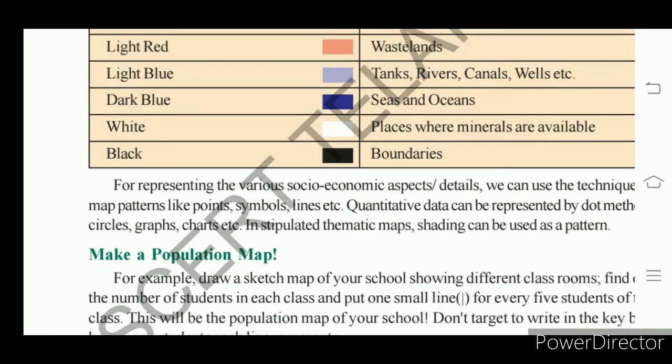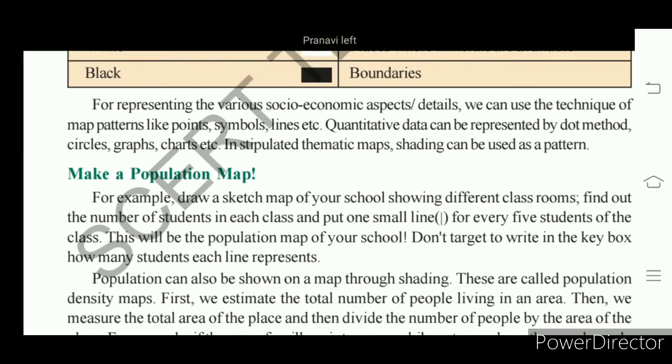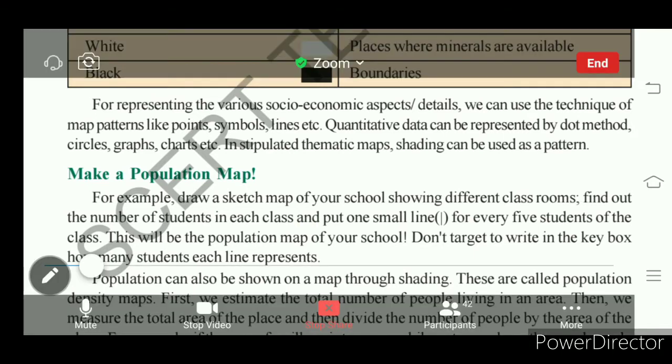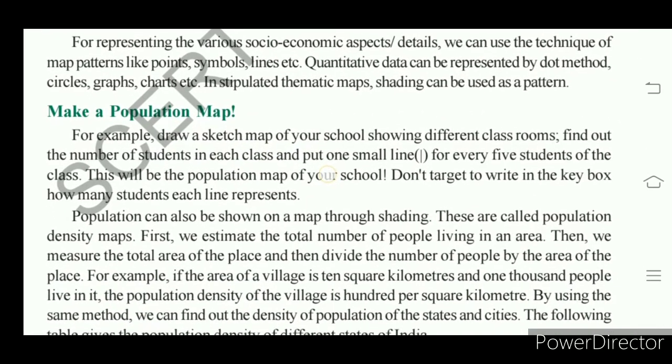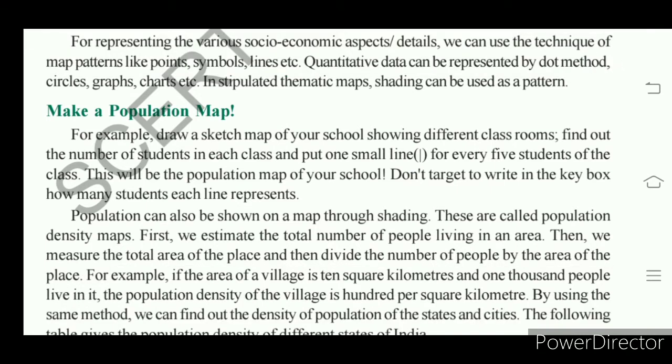Okay, let us see how to make a map showing the population. For example, when we want to show a map of population, we should get the population of such a place. For example, what is the population in India? Then we should know the population of India in every state.